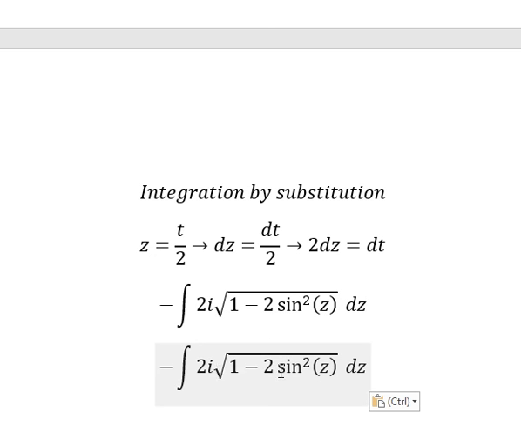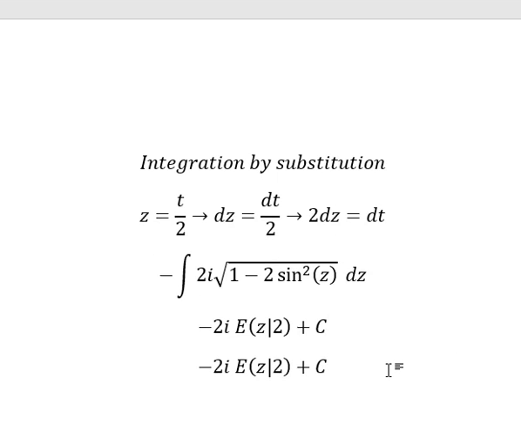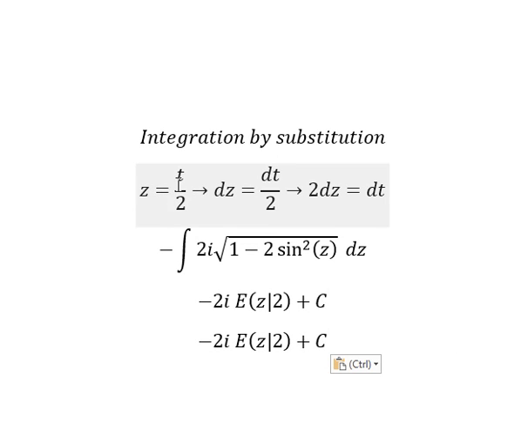So the integration of this one in here is an elliptical integral. So I will put E of z and number 2, and I will put C about z, where z is t over number 2.